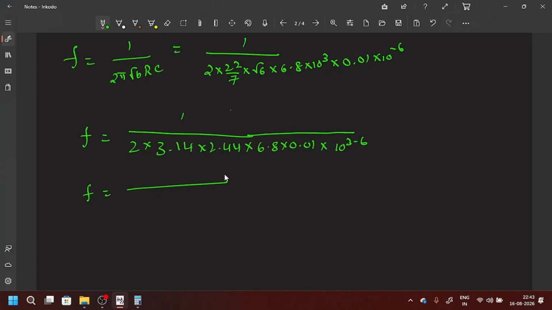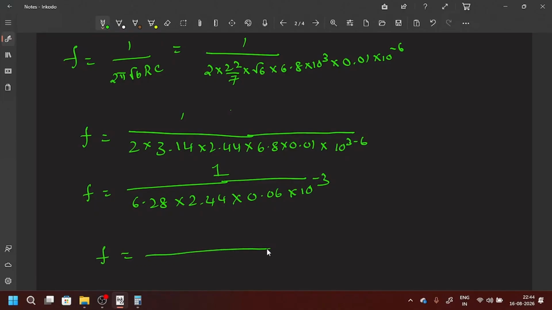So 2 multiplied by 3.14 will give you a value of 6.28. 6.28 multiplied by 2.44, I am keeping it as it is. Then 6.8 multiplied by 0.01 will give you a value of 0.06, 10 to the power of minus 3. These are all in the denominator.